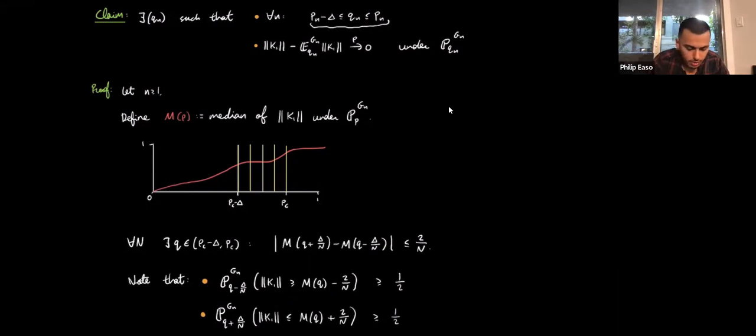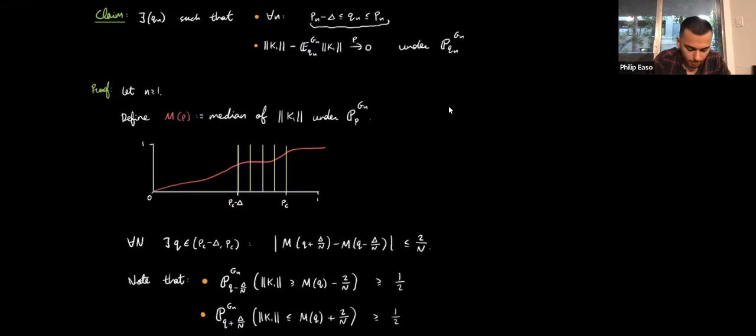So here's the proof for why such a sequence exists. Fix your n, and I have to give you a parameter Qn. Define a function m from 0 to 1, where m of p is the median density of the largest cluster under percolation of parameter p. The fact that it's median is not important, just that you have a good probability of being above and below this number.